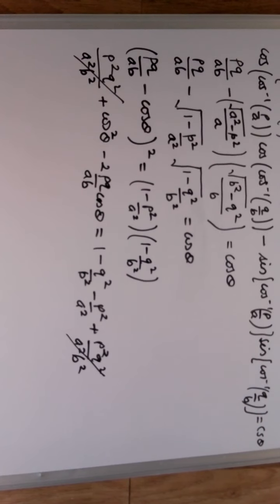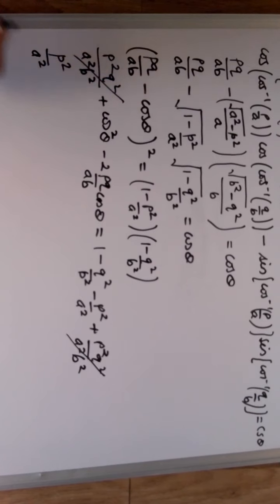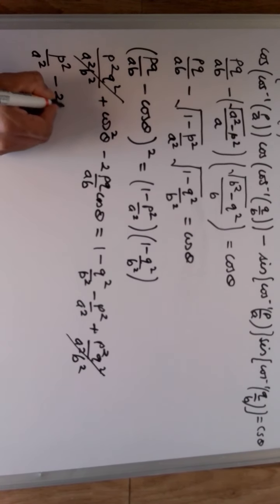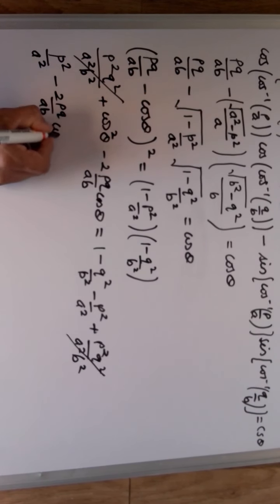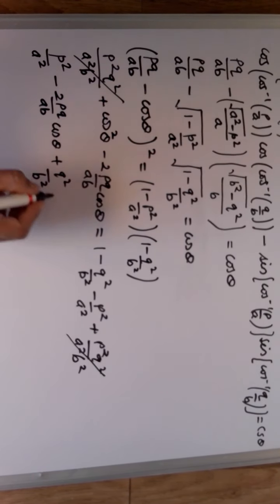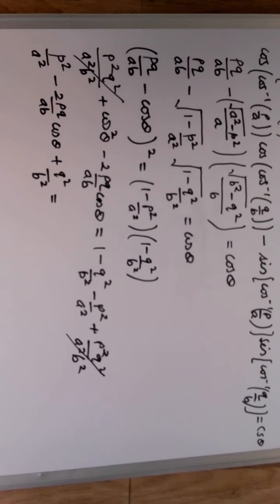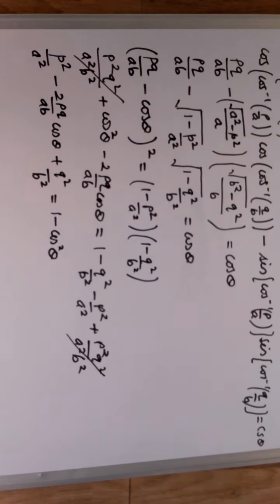So I will take here this side, so I get here p square by a square, then minus 2pq by ab cos theta, then I require plus q square by b square, that is equal to, now what I remained here is, I think so, this two went, 1 minus cos square theta.